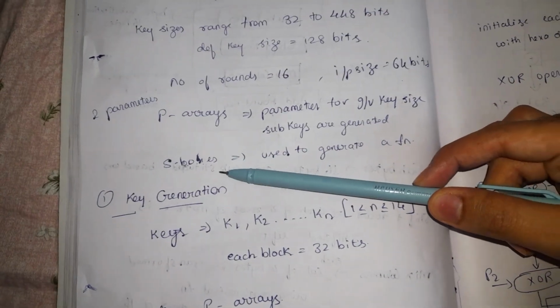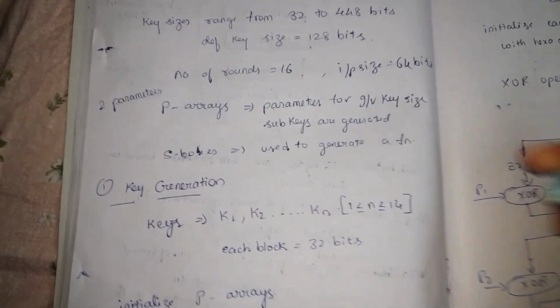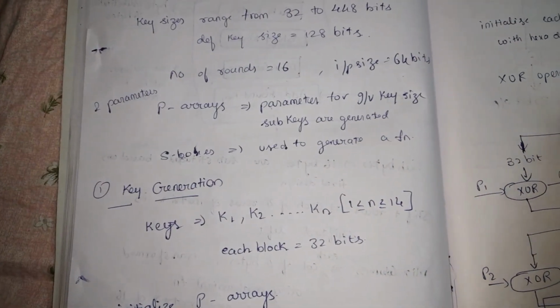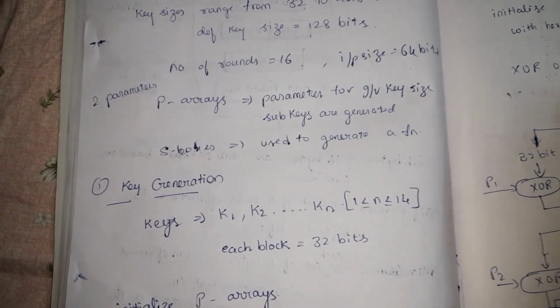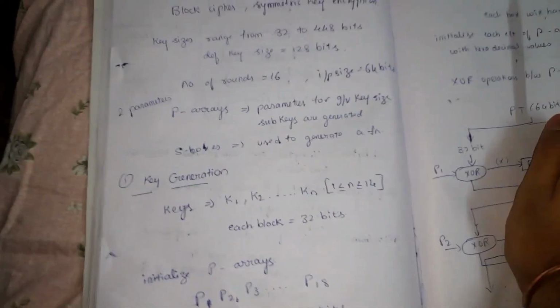The S boxes are used to generate a function. They are basically used to generate our desired ciphertext after the key generation.